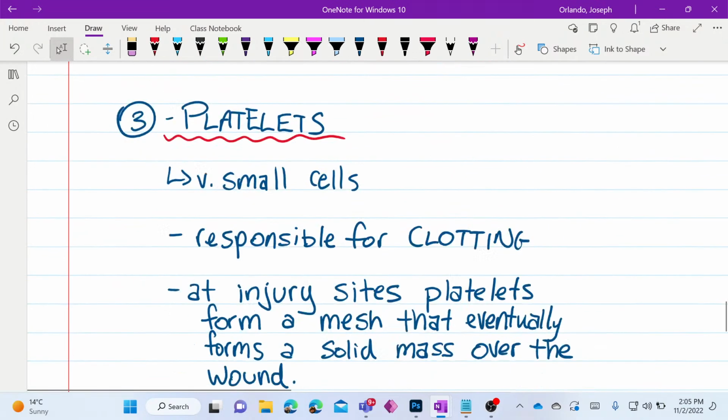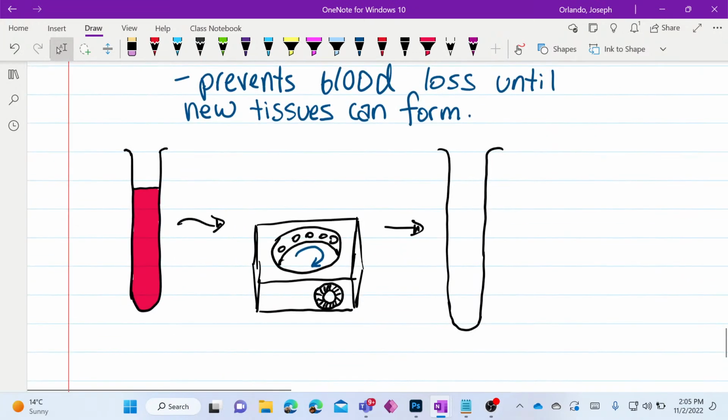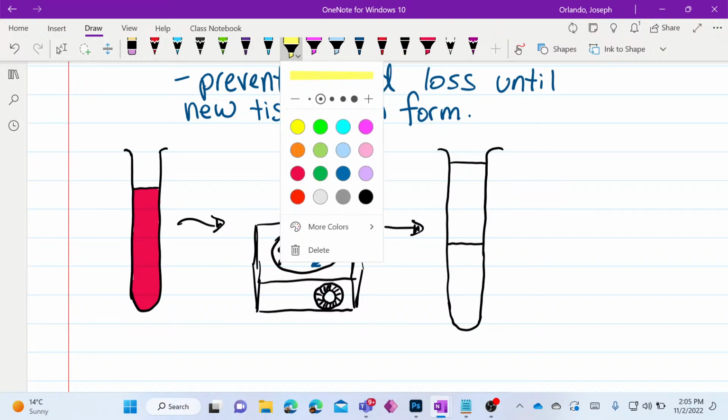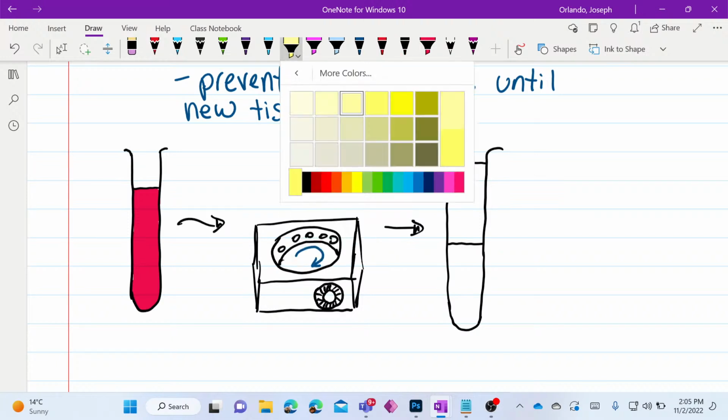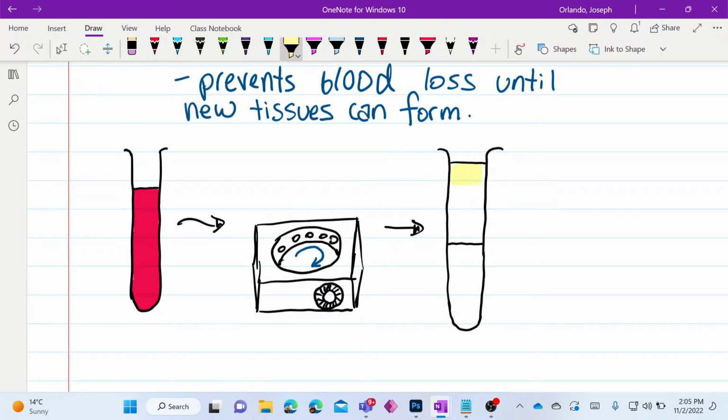So actually, if you spin blood down, the majority of it is going to be plasma. Is the plasma going to be the portion at the top or the bottom? Do you think it's the heavy part or the light part? Yeah, you're right. Very good. So if you spin blood down, you get this kind of light yellow liquid forming at the top, and that's the plasma.